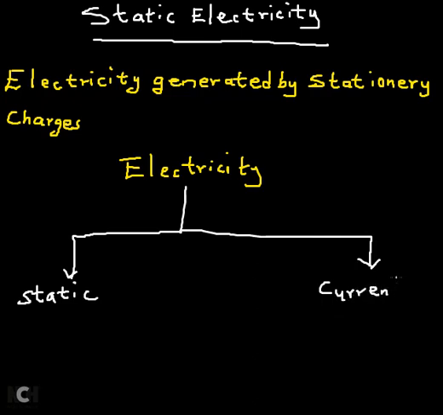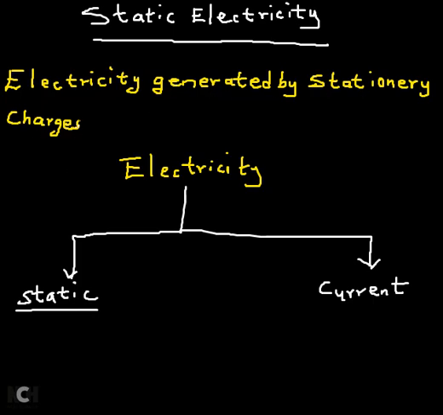Now the question is, what's the difference between static electricity and current electricity? As the name implies, static electricity is the electricity at rest. Why is it described as electricity at rest? It is the type of electricity that is generated by a stationary charge.